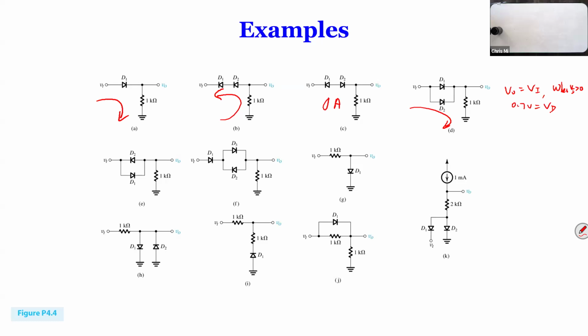In one of the previous homeworks, a student said that D1 and D2 are in parallel, each of them is 0.7, so the voltage is going to be 0.35, dividing the voltage by 2. No, not resistors. Voltage in parallel is the same. You don't change it to 0.35.